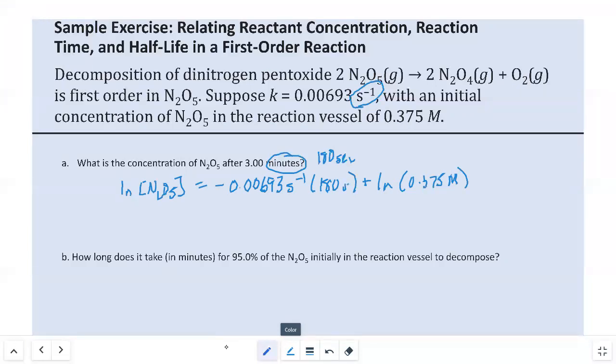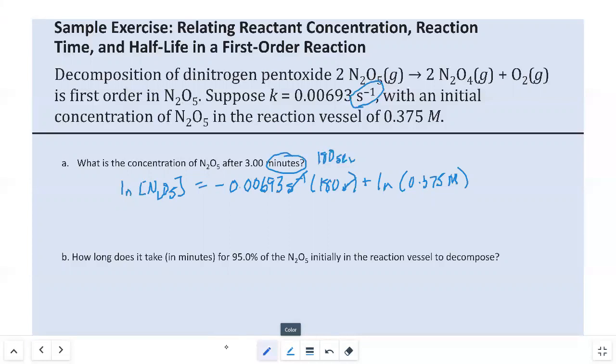Since all of these on the right-hand side of the equation are numerical, I can add them together. My reciprocal seconds and seconds cancel. When I add everything together, it's going to be in molar units.